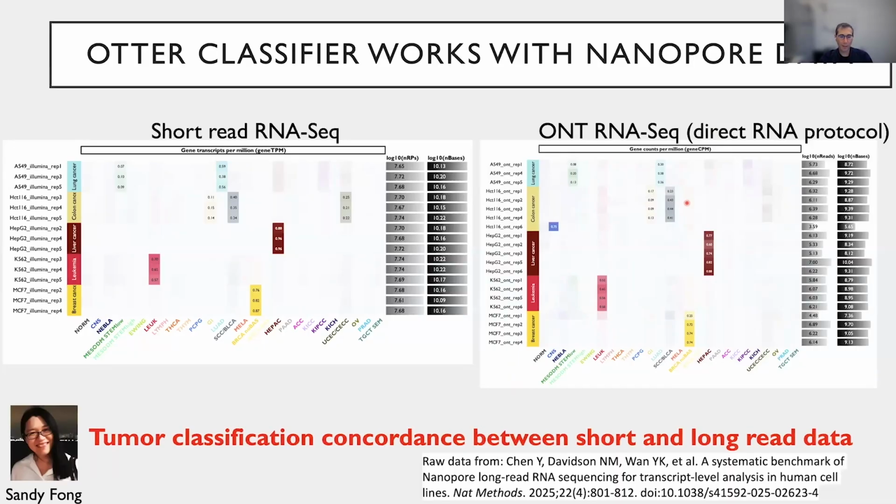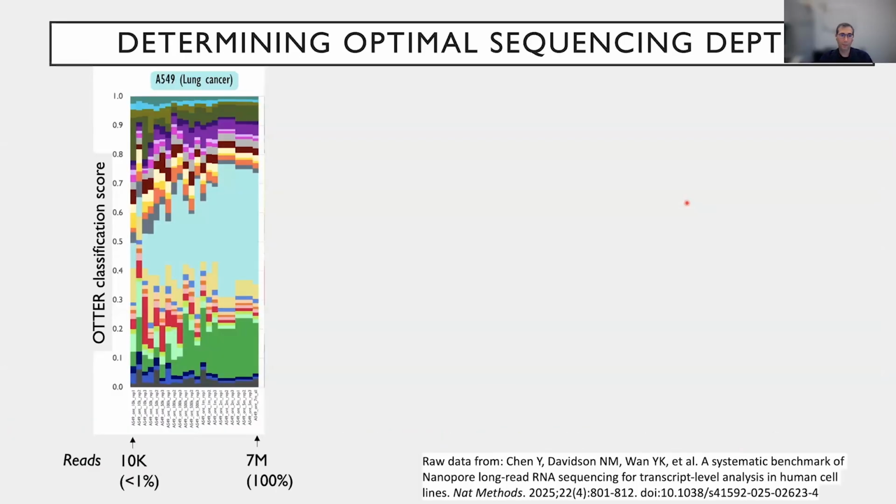So this gave us an initial hint that we could use our atlas as it is, trained on short read data, but then deploy it for using this new and immediately real-time available long read data from Nanopore, which was super exciting.